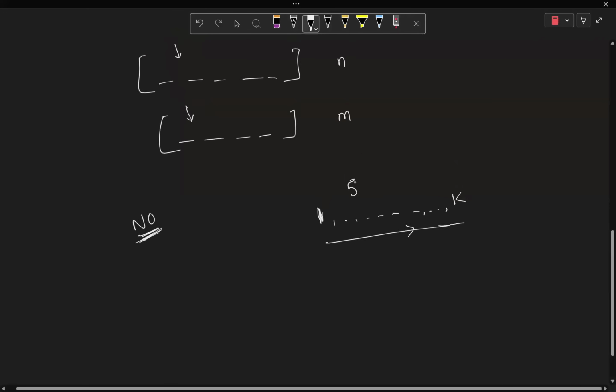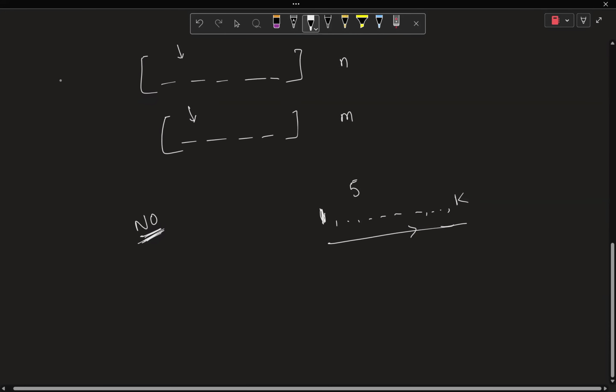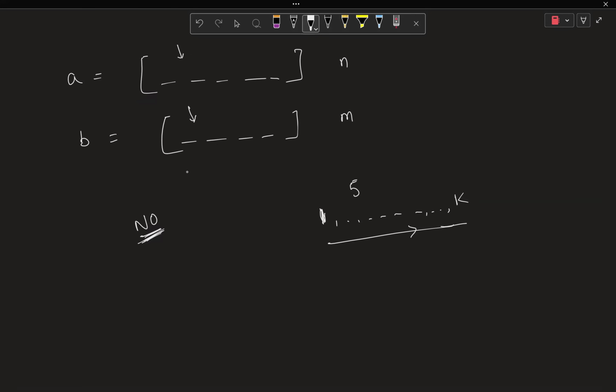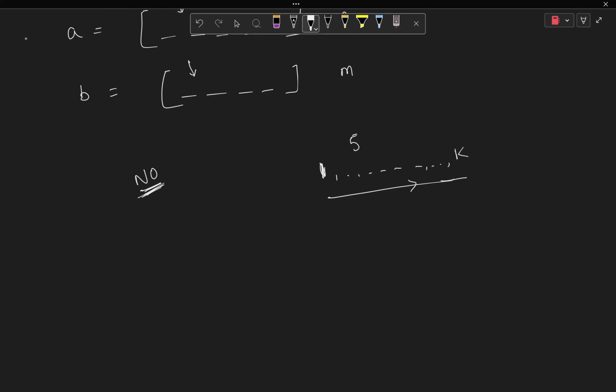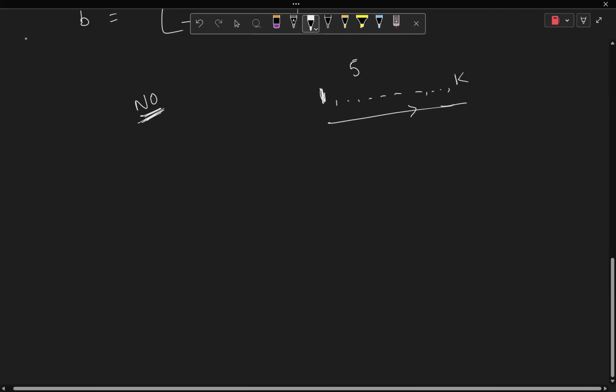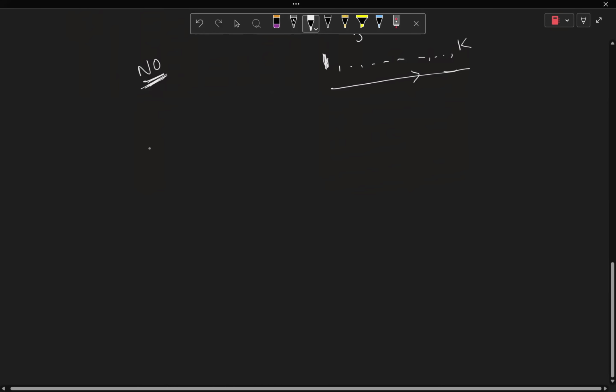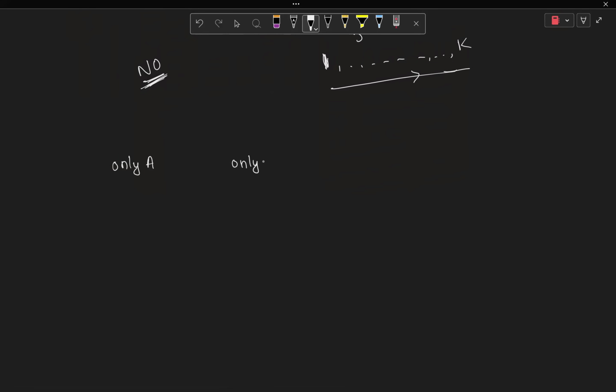The other thing is, for both of these arrays, let me call the first array A and the second array B. I can just keep a count of how many elements in the range from 1 to k appeared in both of these arrays. I can do something like this, right? Eventually, some elements come only in array A, some elements come only in array B, and some elements come in both the arrays.